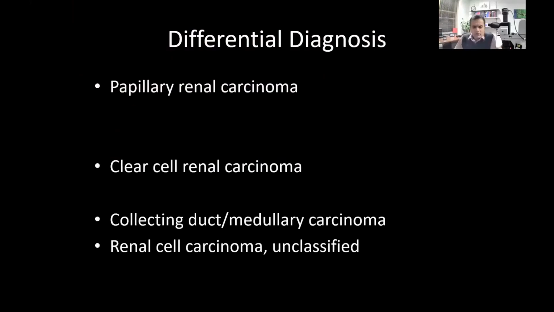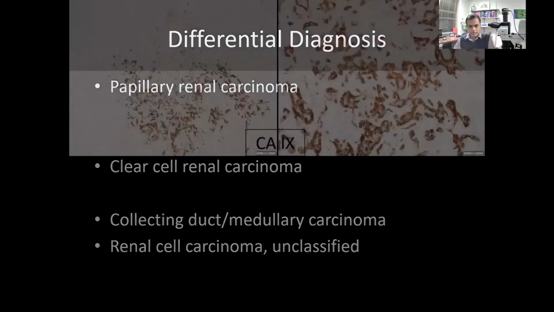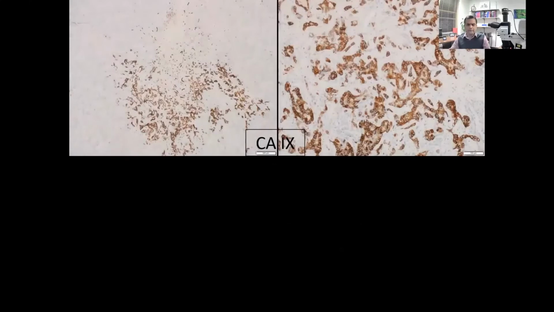So then what about the remaining entities in the differential? So the main entity as I mentioned, it's a clear cell renal carcinoma, which can often have a very varied morphological appearance, especially when it's high grade. So it's always important that you rule that out. So as we discussed in the lecture, CA9 or carbonic anhydrase 9 is an excellent marker for clear cell renal cell carcinoma because it is one of the proteins that is overexpressed due to the VHL gene mutation.